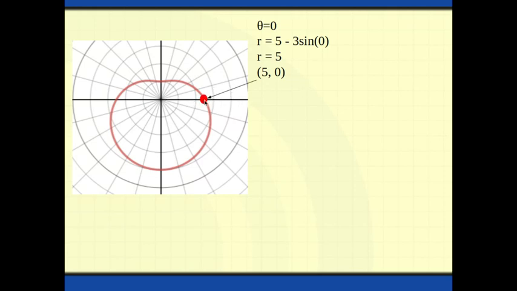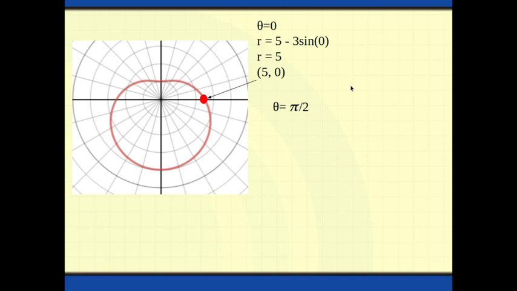Theta is 0, and then we have 5 units from the pole. Again, find the coordinates, then identify it. Don't try to identify it from the graph, because again, there are many representations for polar points. Okay, so for another value of theta, we could pick pi over 2.